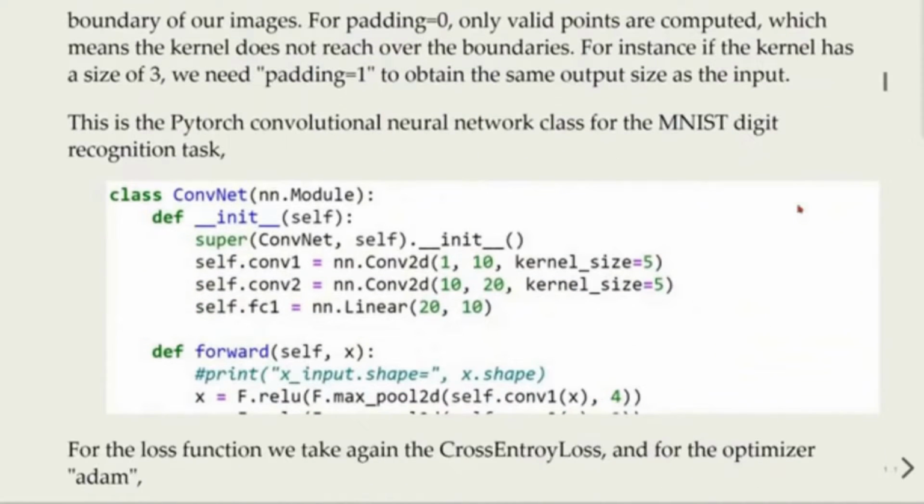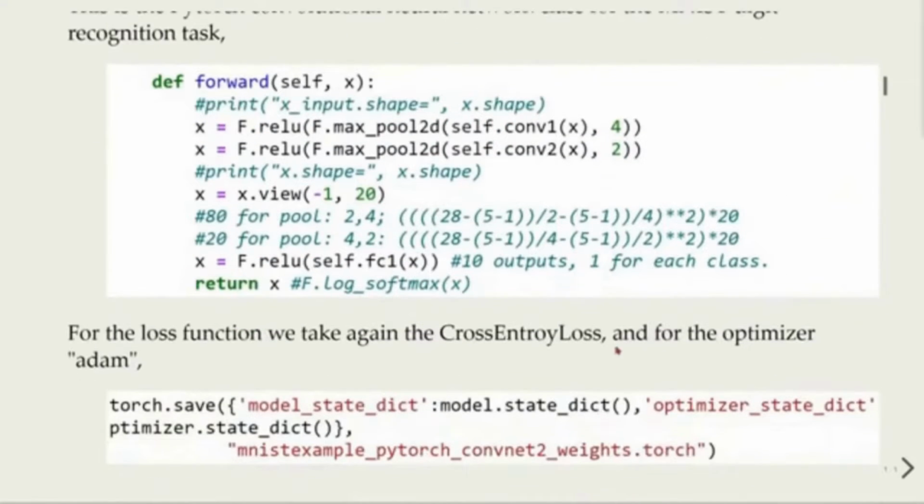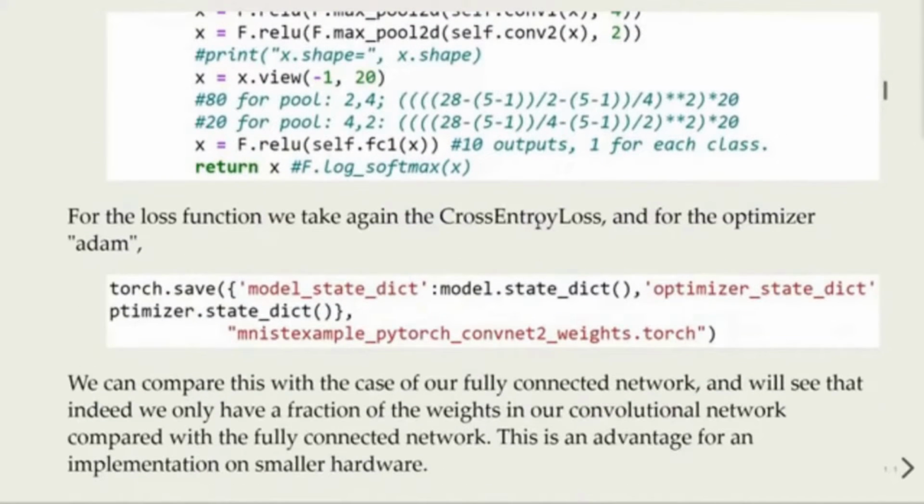Here we implemented a convolutional neural network in PyTorch for the MNIST digit recognition task. So we see here we have two 2D convolutional layers, and then we have a fully connected layer at the end. For the loss function, we again will take the cross entropy loss, and for the optimizer we use Adam.